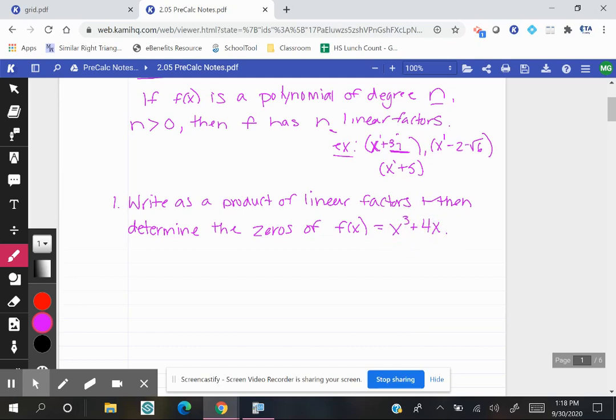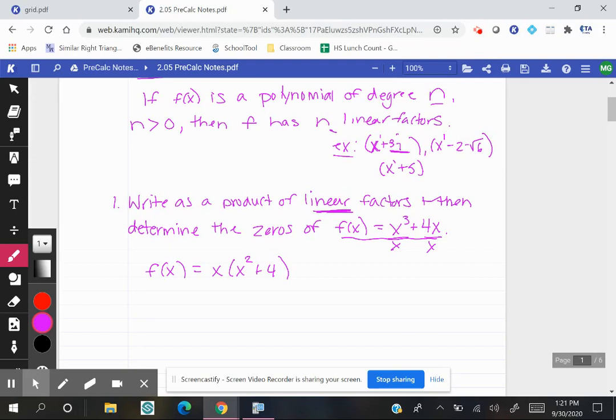Here we go. If we want linear factors, the first thing I always look for is a GCF. So I take out my x, dividing each of these by x, leaving me with x squared plus 4.